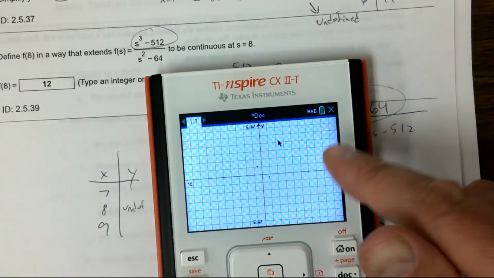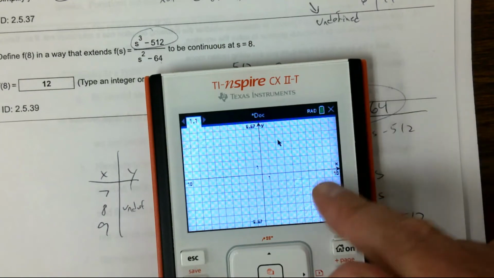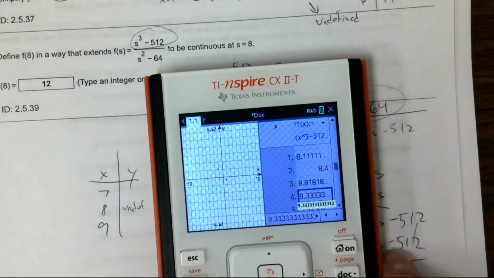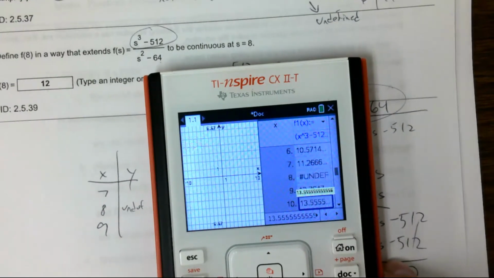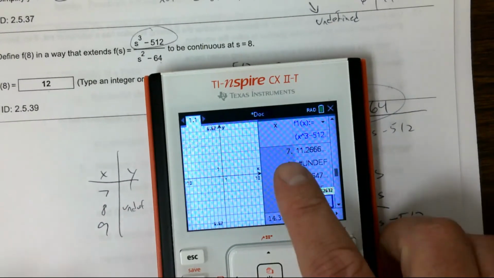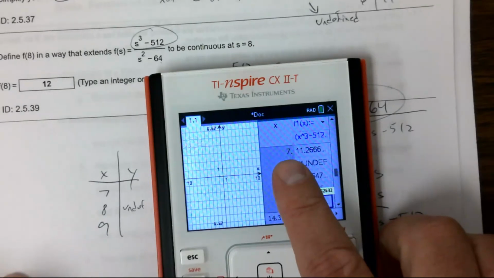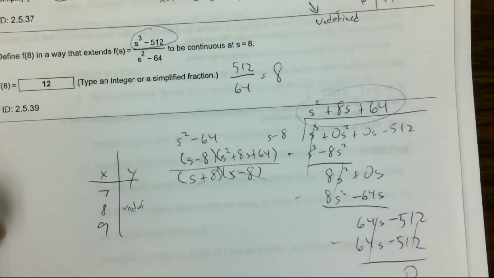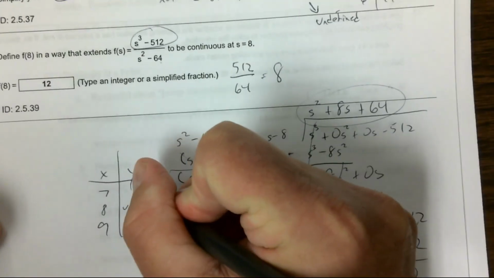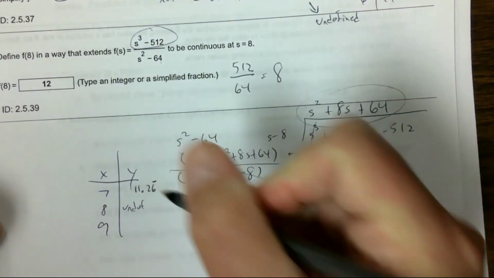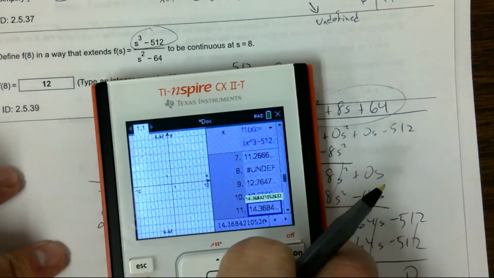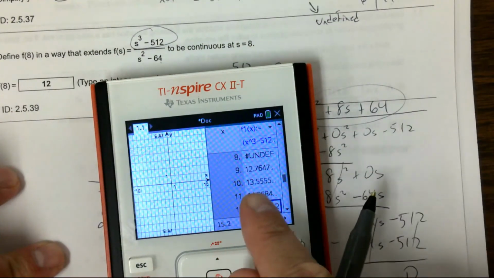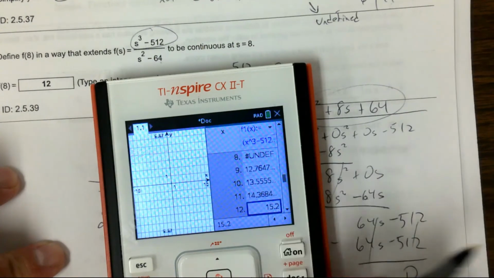So it doesn't look like anything's happening, but that's just because it's higher up. And what we can see is at 7, it's like 11 something. It's 11.26 repeat. And at 9, it's 12.76.